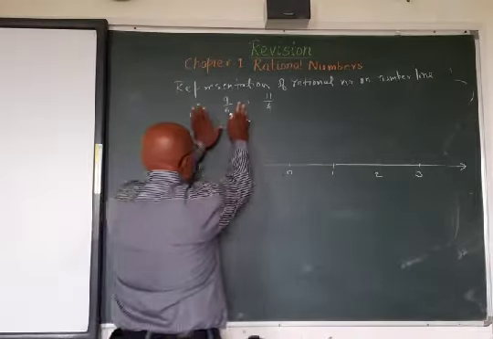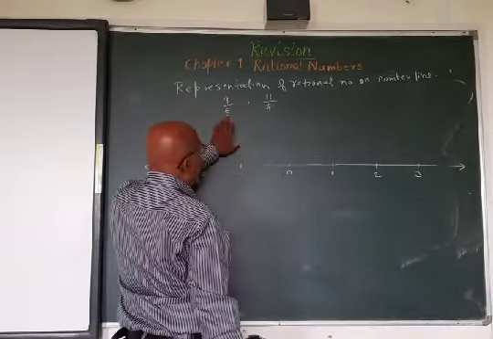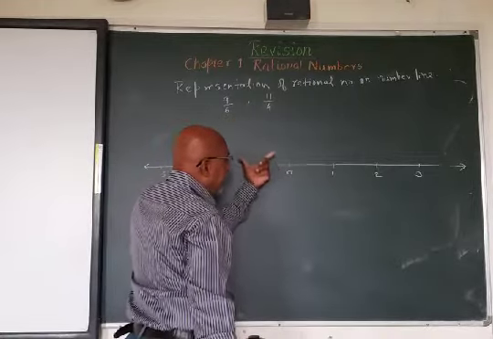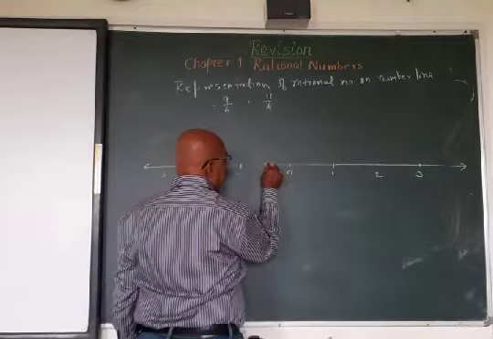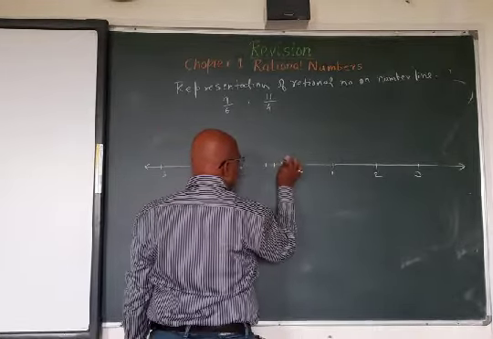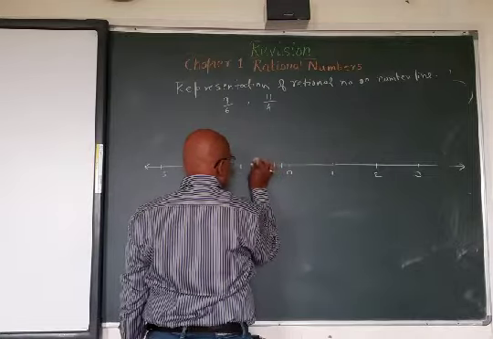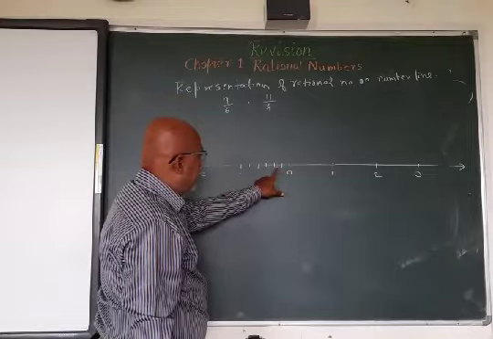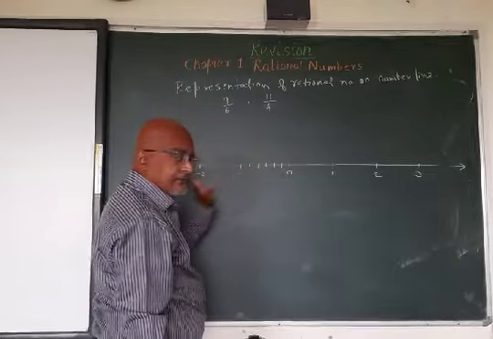Now in this negative number, the denominator is 6. It means that one unit is to be divided in 6 equal parts. See, I have divided this in 6 equal parts: 1, 2, 3, 4, 5, 6.